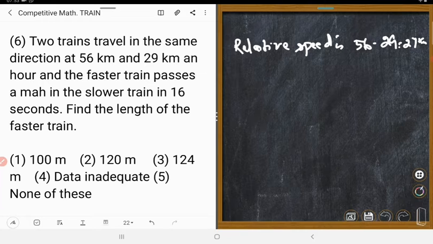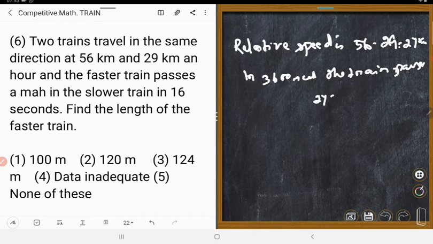That means the train passes, in 3600 seconds, the train passes 27 kilometers, or that is 27,000 meters.